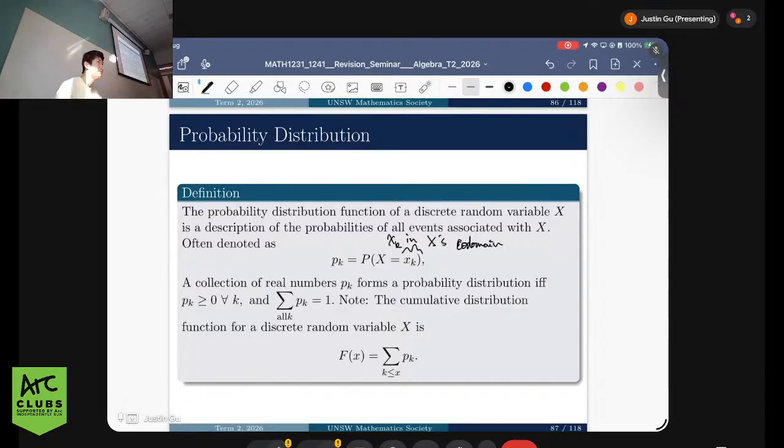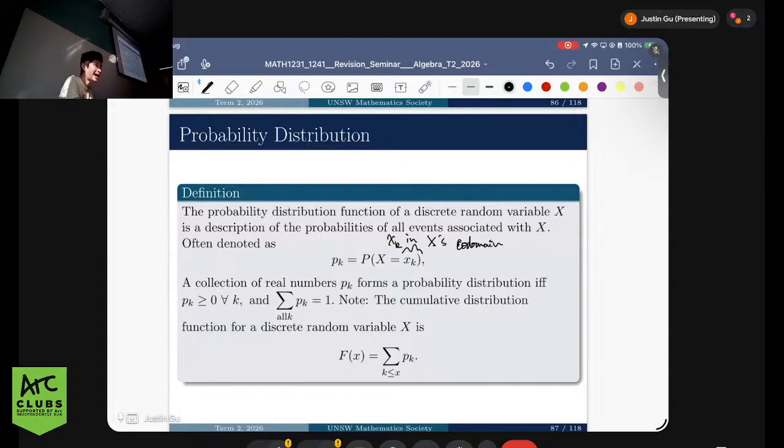So, what's the probability of X having this outcome? So a collection of real numbers p_k forms a probability distribution if and only if they're all non-negative, because we should expect probabilities to be non-negative, and the sum over all of them should be 1, right?